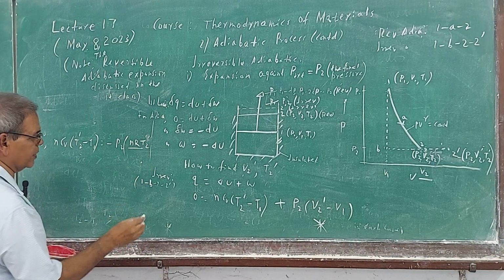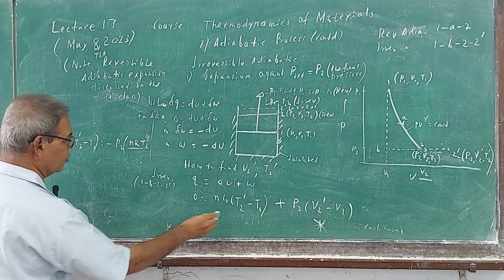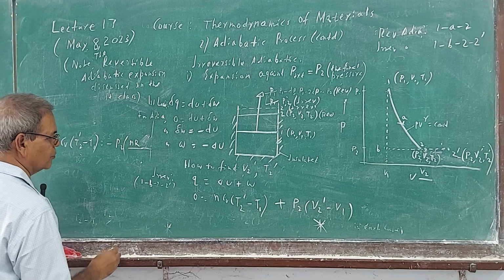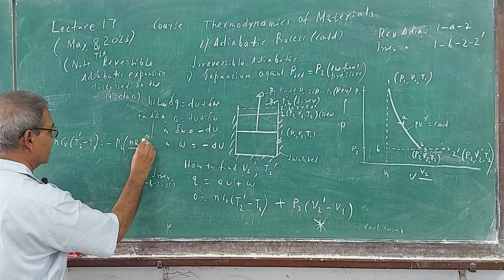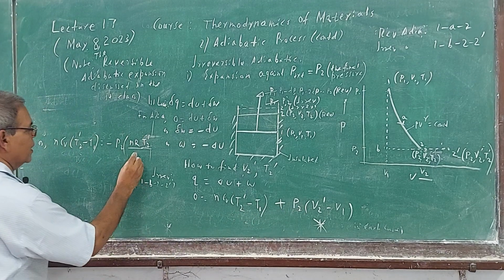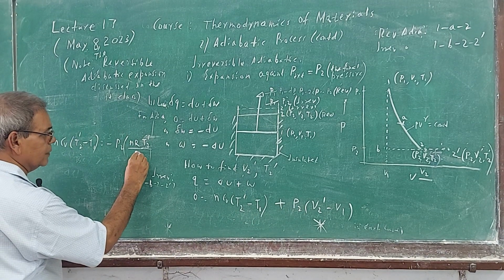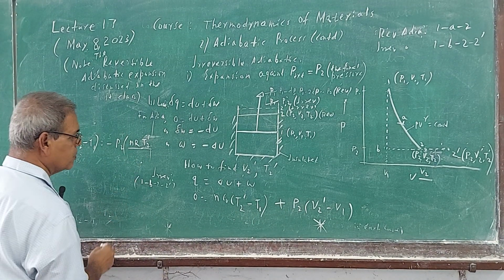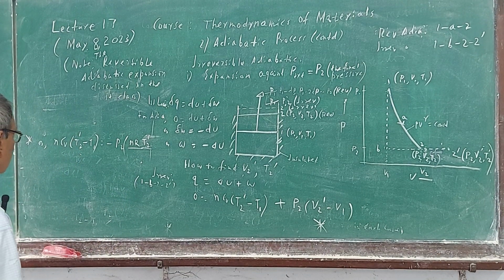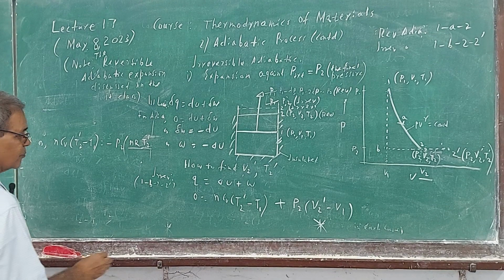So V2 prime is nRT2 prime by P2. P2 is okay though.